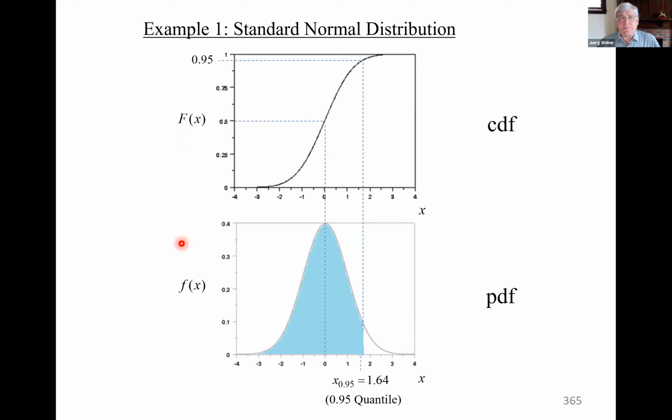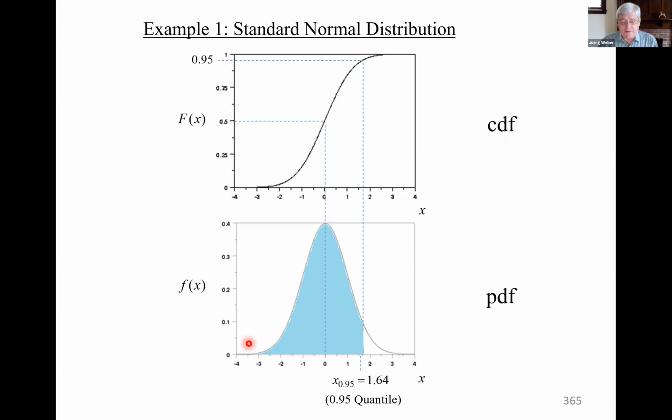Now, those graphs here are shown typically in introductory statistics classes. So down here we have the PDF, the probability density function. And up here I have the cumulative distribution function.